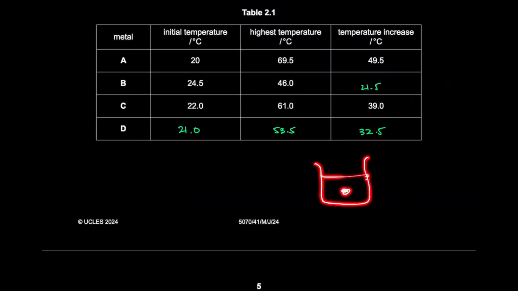Because when your solid is reacting with the solution, as the temperature is increasing on your thermometer, at the same time heat is being lost, which means some of the heat is being lost to the surroundings. Not all the heat that's being generated remains in the water.